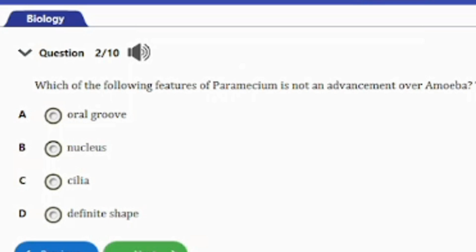The oral groove, the cilia, and definite shape are advancements of the paramecium over the amoeba. But both the paramecium and amoeba have a nucleus, so the nucleus is not an advancement of the paramecium over the amoeba. So that's the answer to this question.